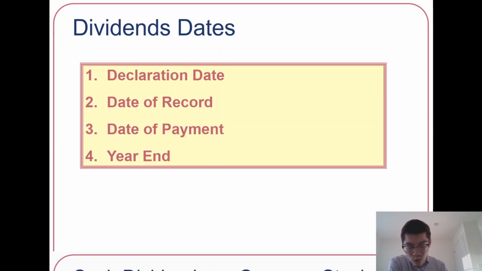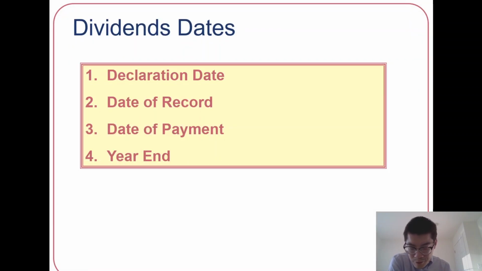Okay, so now let's look at the very critical dates for cash dividend declarations. Okay, so first is the declaration date. It is the date when we declare we're going to issue some dividends to the investors. Okay, and second is the date of record. It is by that specific date.